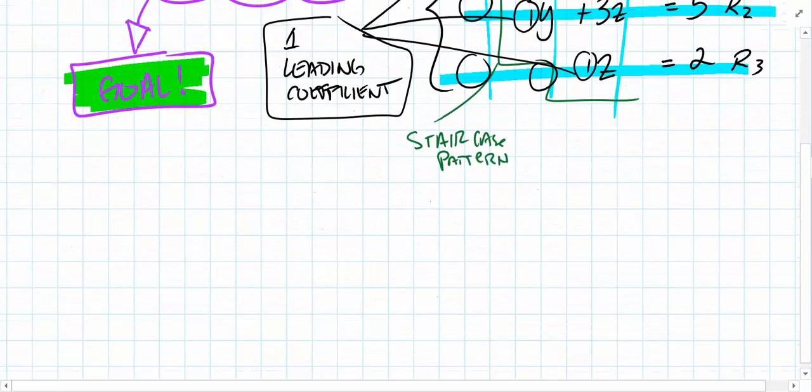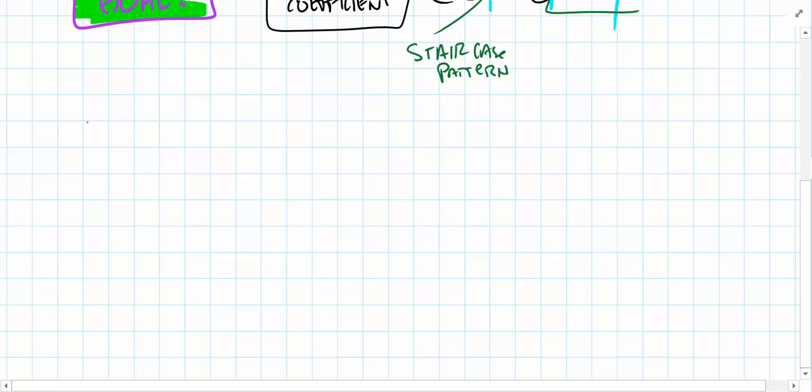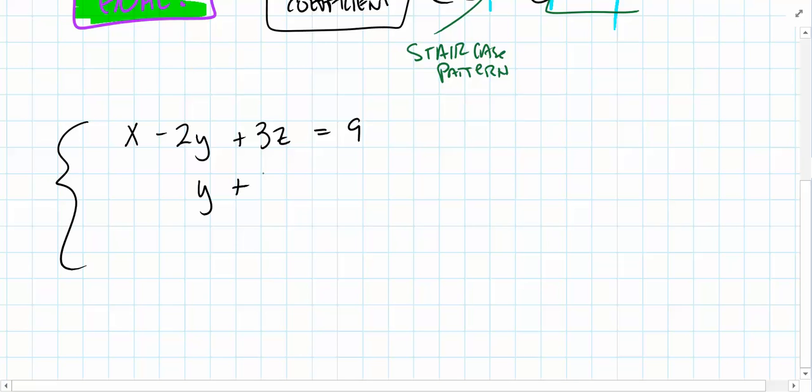I'm going to rewrite this down here because I'm going to show you what the point of it is. So if I have x minus 2y plus 3z equals 9, y plus 3z is equal to 5, and z is equal to 2.